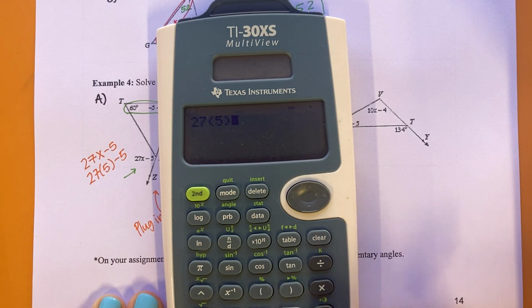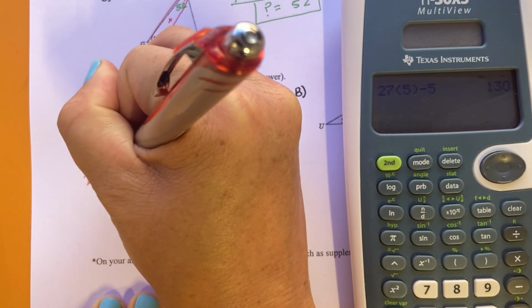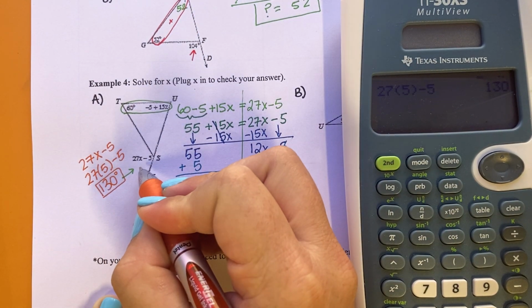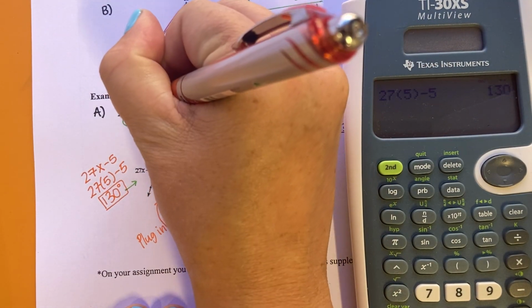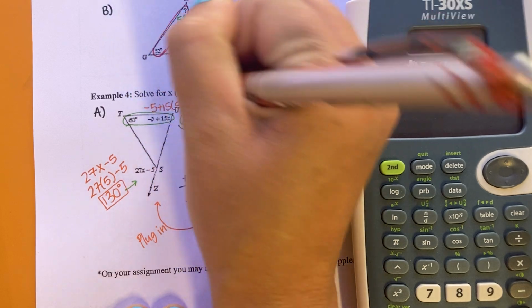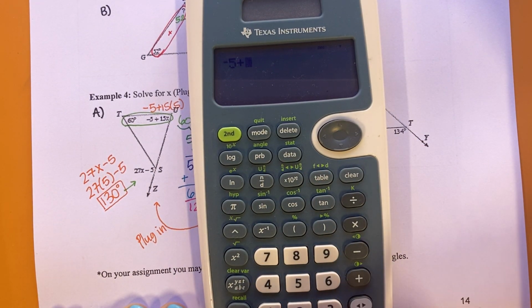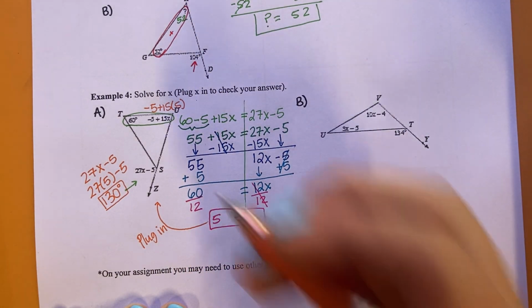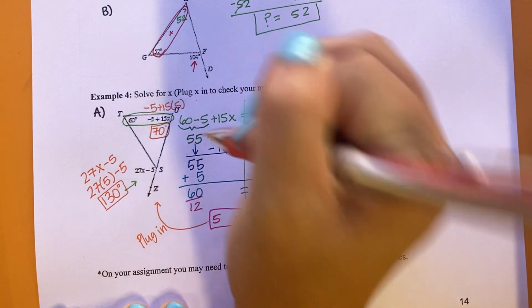So that's 130 degrees in this exterior angle. If I wanted to find this angle, I would plug a 5 in where the x is. So it's negative 5 plus 15 times 5. This angle is 70 degrees in that corner.